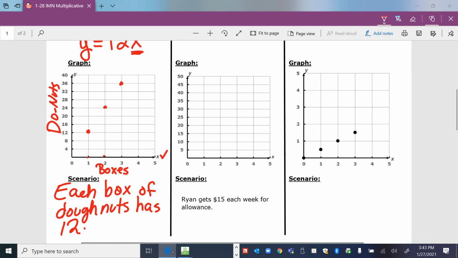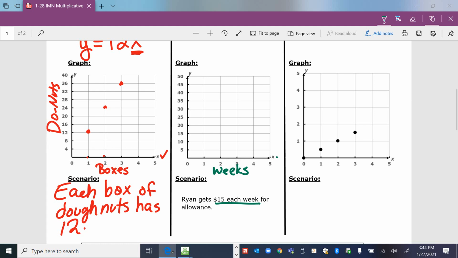All right. And then the middle scenario, let's go to that one. They give us the scenario. It says Ryan gets $15 each week for allowance. So let's go backwards in this. Let me switch colors. $15 each week. So x right here can represent the number of weeks.